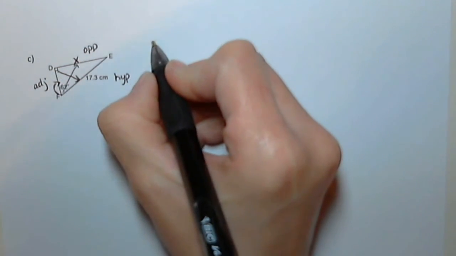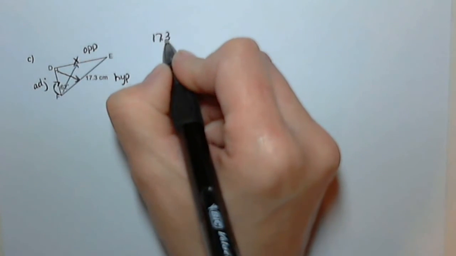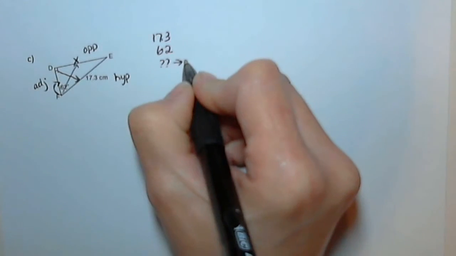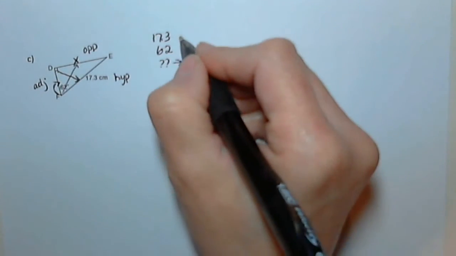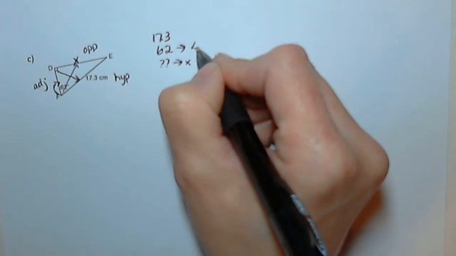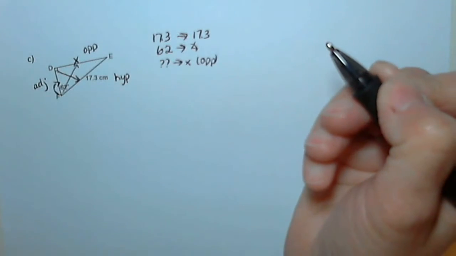Making your little list on the side here using the two numbers that you know, a 17.3, you know a 62, and our question mark refers to an X, which is the opposite. The 62 is the angle, and the 17.3 is the hypotenuse.